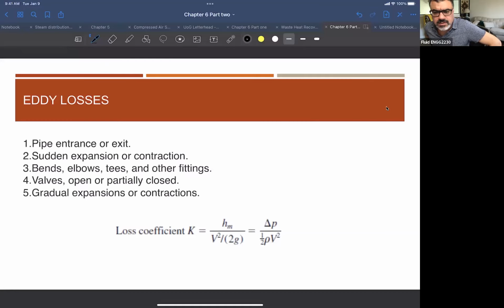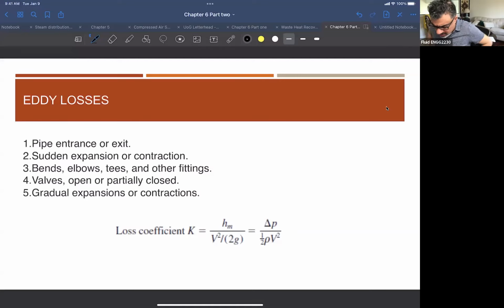Sometimes you have piping that has a couple of elbows or one expansion or maybe one valve, and you don't have that many components, and at the end those are considered to be smaller compared to the friction losses, but that's not the case all the time.